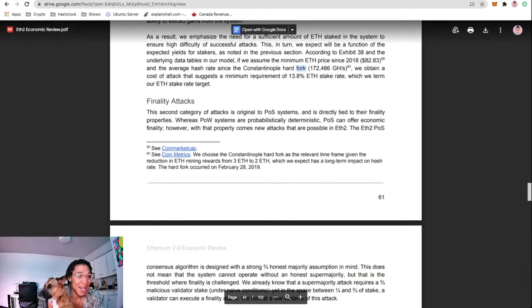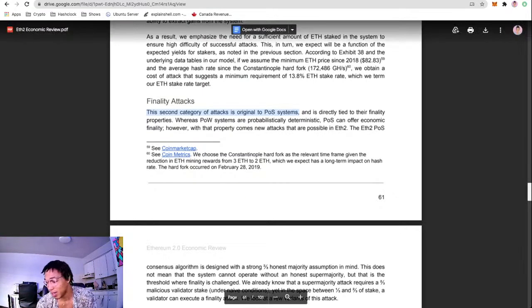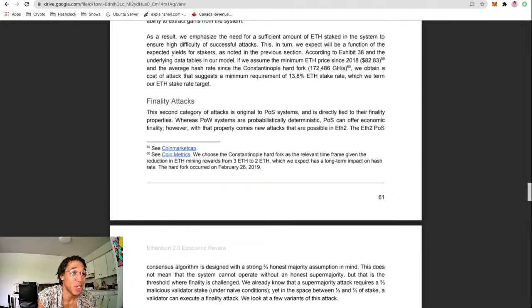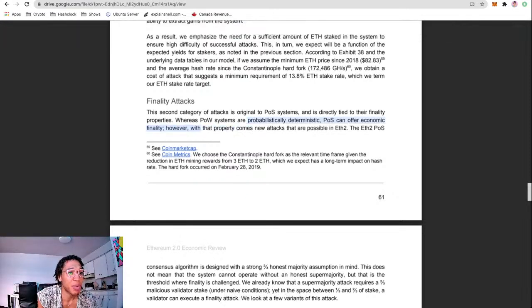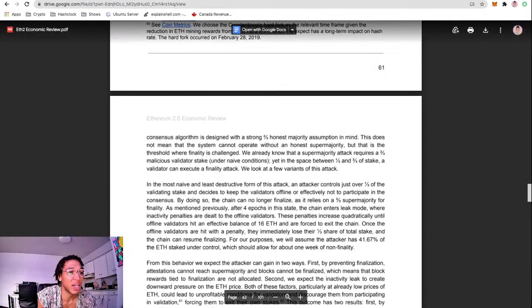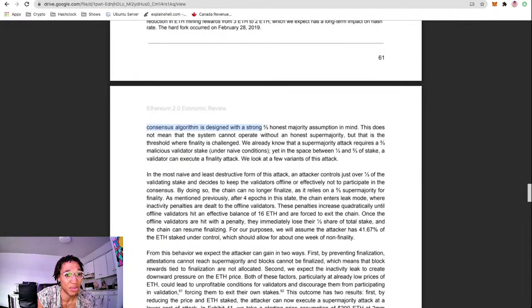Finality attacks. This second category of attacks is original to POS systems and is directly tied to their finality properties, whereas proof of work systems are probabilistically deterministic. Proof of stake can offer economic finality. However, with that property comes new attacks that are possible in ETH2. The ETH2 proof of stake consensus algorithm is designed with a strong 2/3 honest majority assumption in mind.